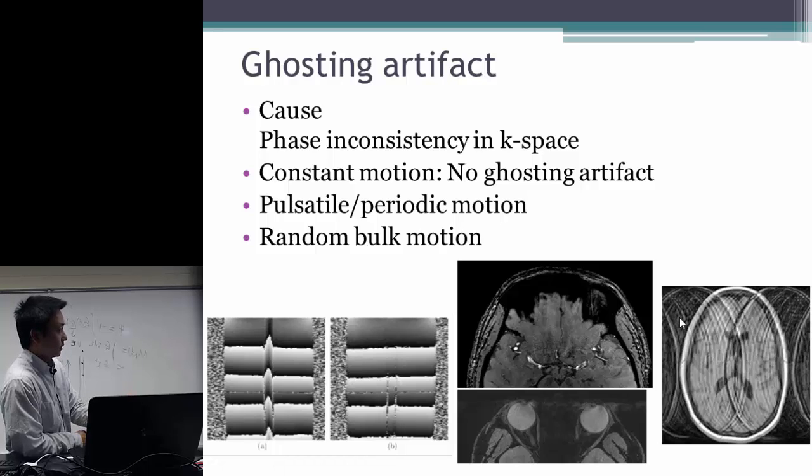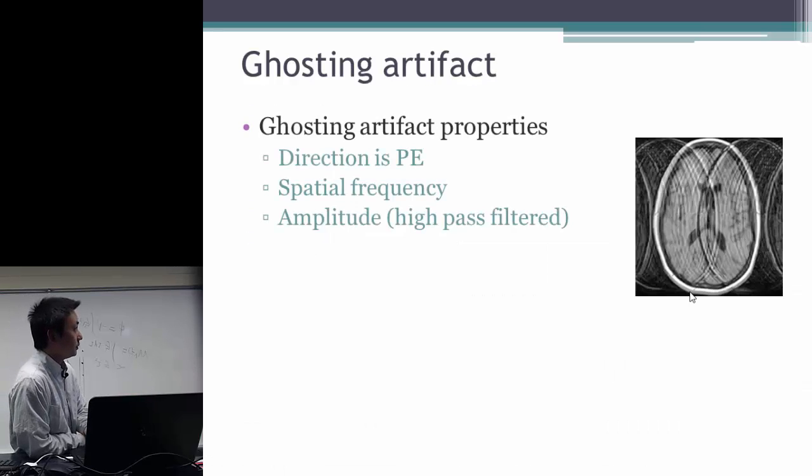We can also see this with a few simulations I did to see how this spatial frequency of the ghosting artifact comes about. The first property of ghosting artifacts is that the direction is basically always along the phase encoding direction, or the partition encoding for that sake, but mostly it is phase encoding.